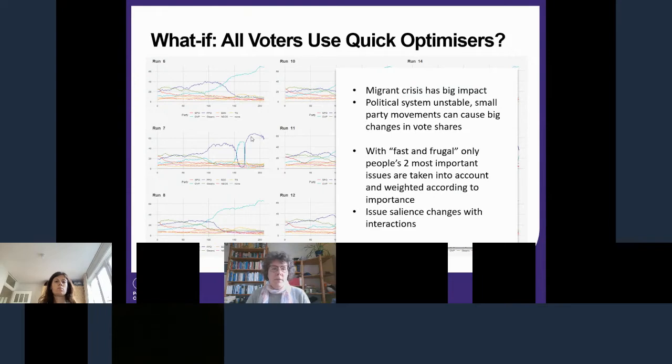This will be due to how the fast and frugal strategy is implemented, that it only takes people's two most important issues into account and weighs them according to this importance. And the importance of issues changes with the interaction of voters, so it has a big impact.